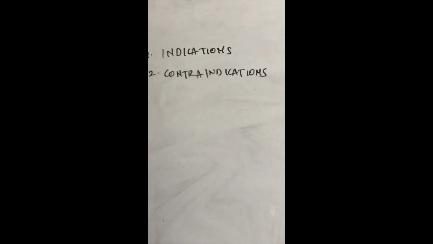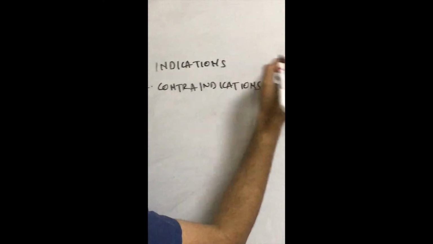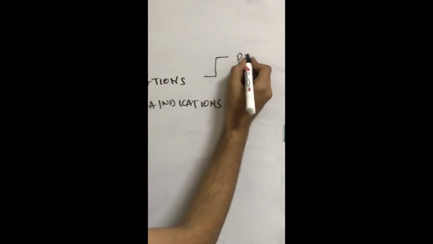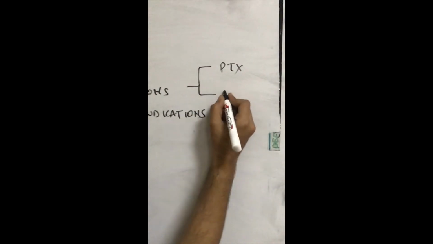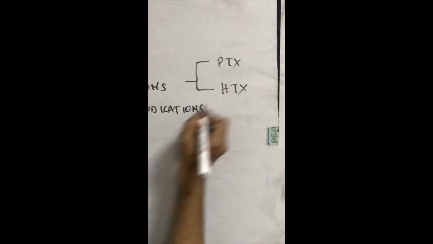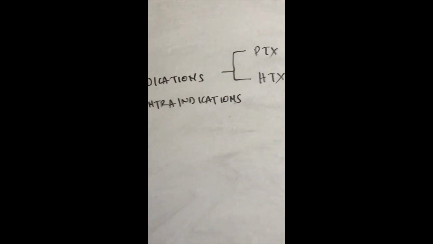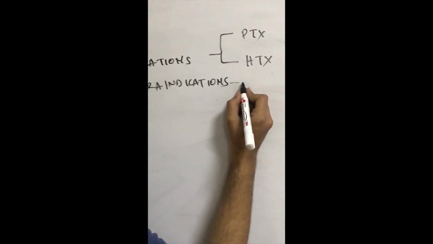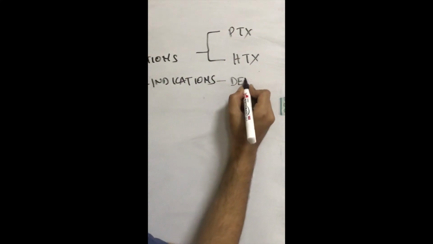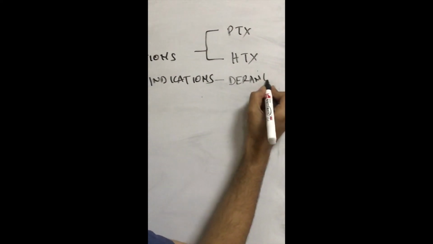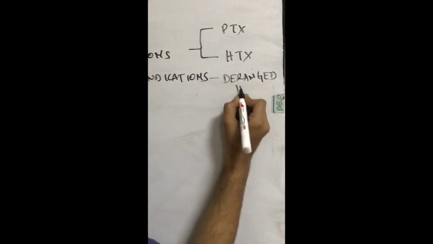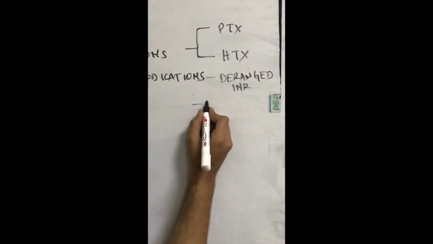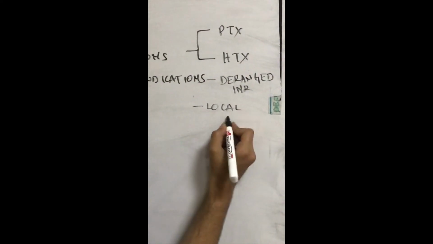So the indications of a chest tube insertion is basically in emergency you put it in patients with pneumothorax and hemothorax. Contraindications, you don't want to do it in patients with a deranged coagulation profile. And you avoid it in local site infections.